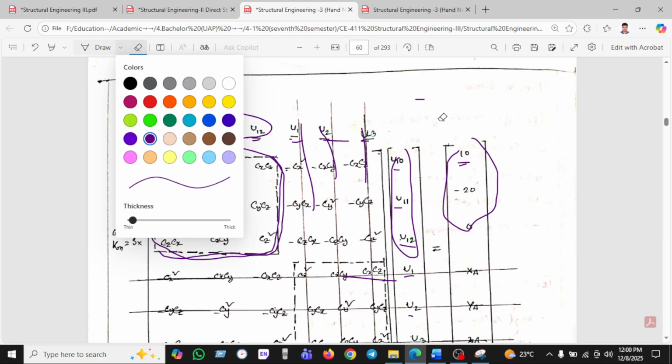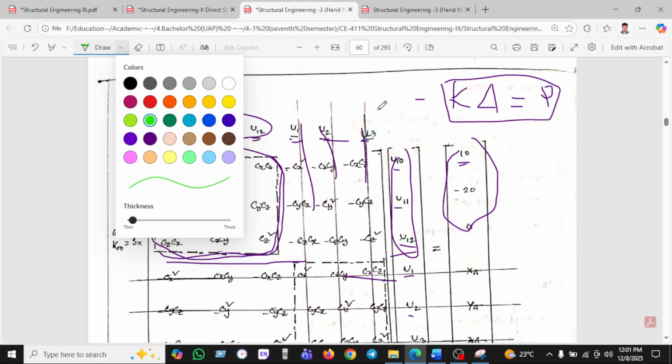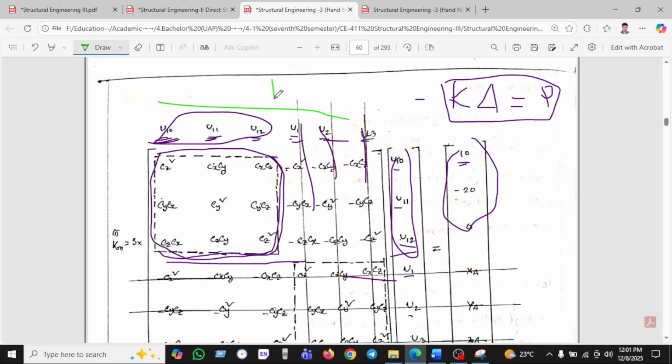We know that K delta equals P. These are the K, these are the delta. If I change the color, these are the K, which is stiffness, and this is the delta, and this is the P.